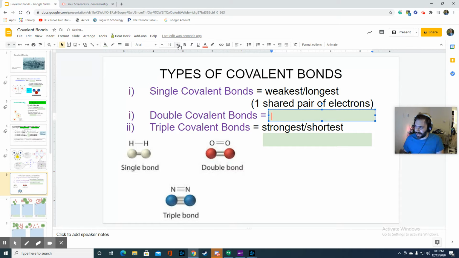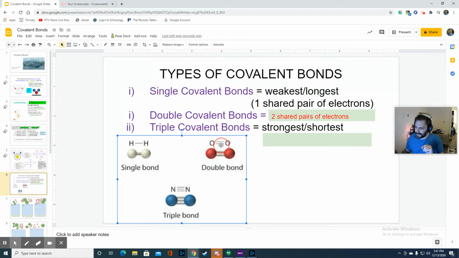So it has 4 electrons. Actually, let me not confuse you. 2 shared pairs of electrons. All right, so 4 total. 2 pairs. Okay, 2 and 2 make 4.